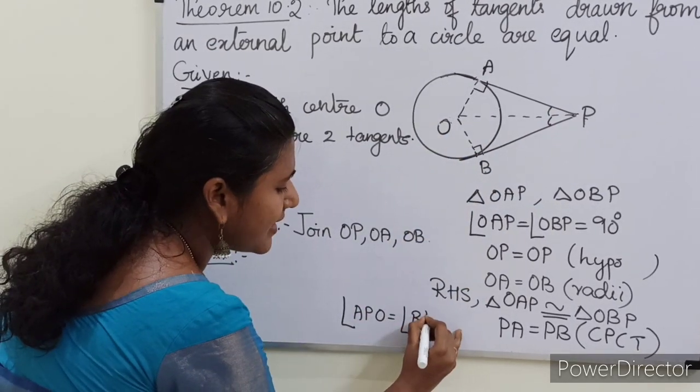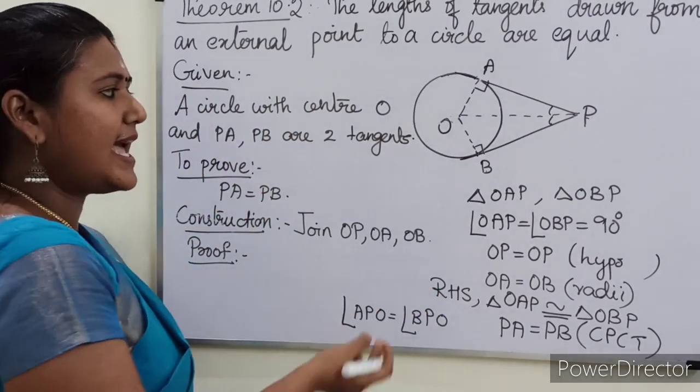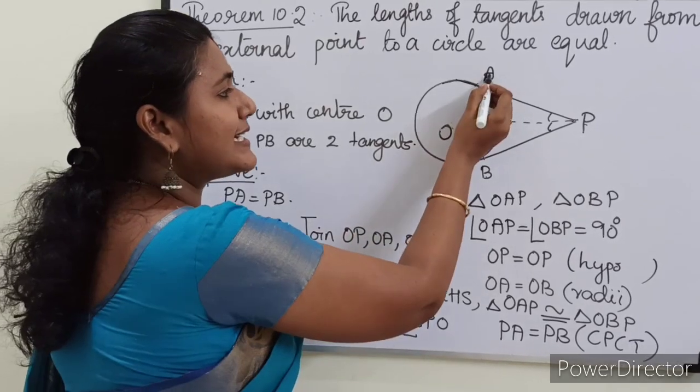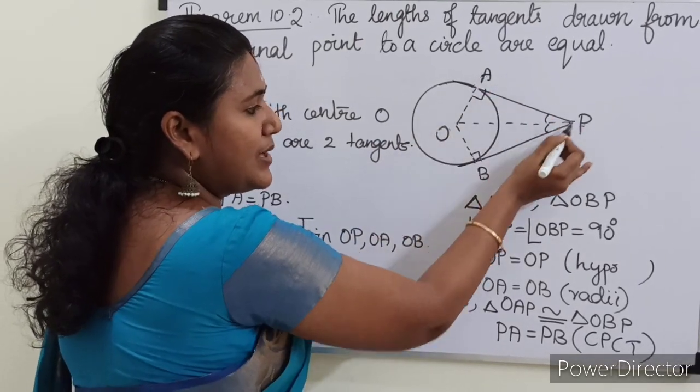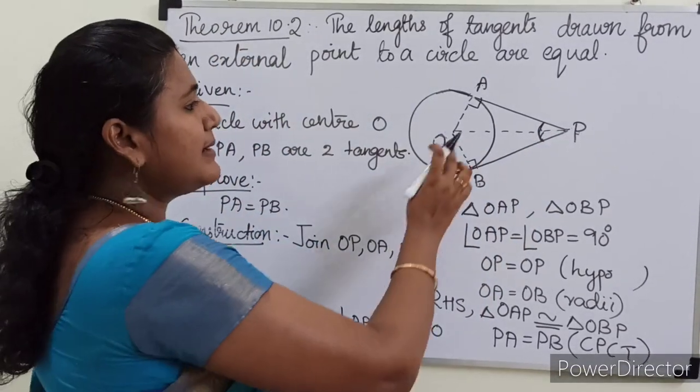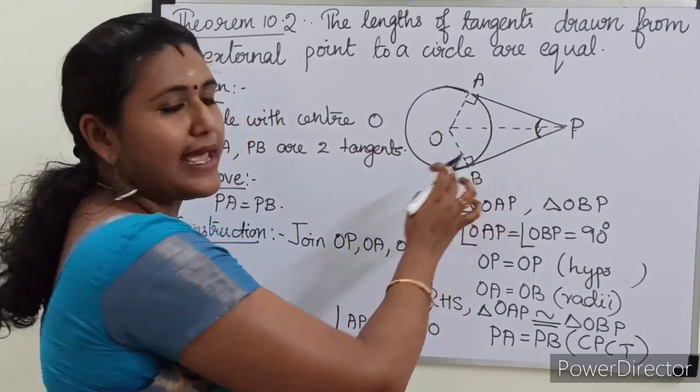So we can say that the line OP is the angle bisector of angle APB.